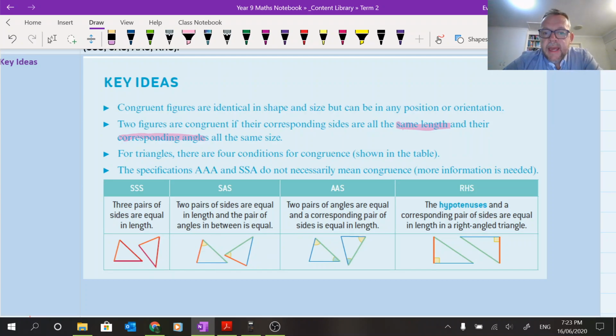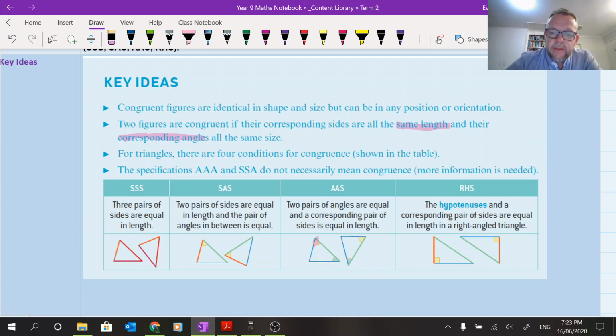Okay, the next one is angle, angle, side. Now, angle, angle, side is when we look at 2 angles and the corresponding side is equal in length. So 2 pairs of angles are equal and a corresponding pair of sides between the 2 triangles are equal in length.